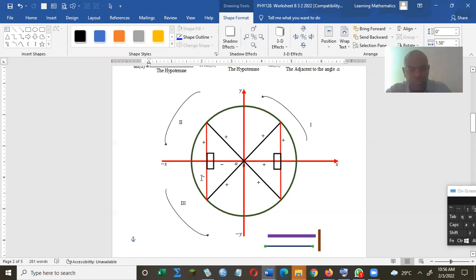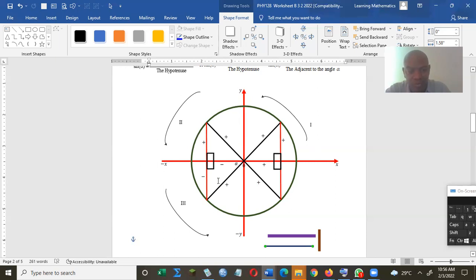Okay, so this side opposite to alpha in the third quadrant is negative because, there are different ways of saying it, but we can basically see we are below the number line. We're on the negative side of the y-axis, if you want to put it that way. Below the horizontal number line, we are on the negative side of the y-axis.